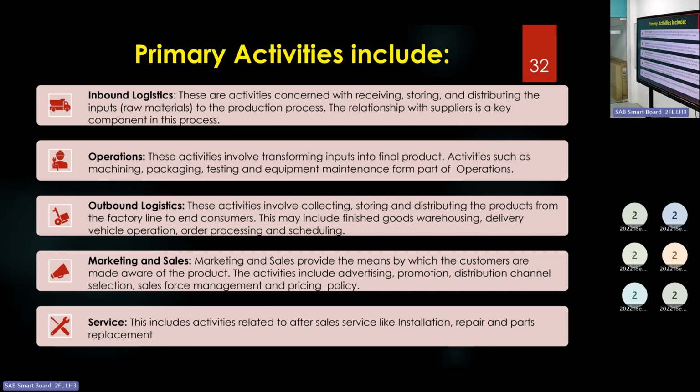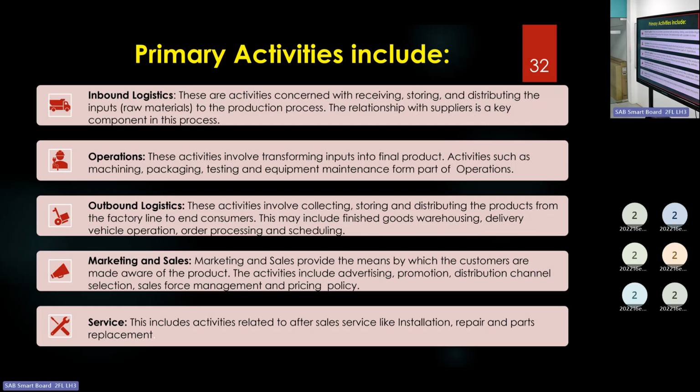Inbound logistics are activities connected with receiving, storing and distributing the input raw material to the production process. Relationship with the supplier is a key component of this process. Receiving the material, purchasing the material, storing it and issuing it for production.